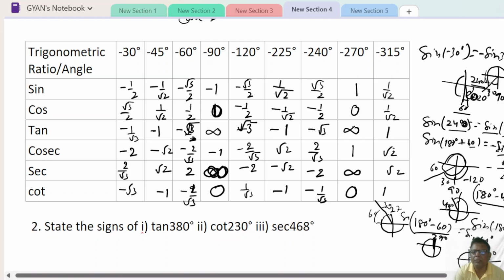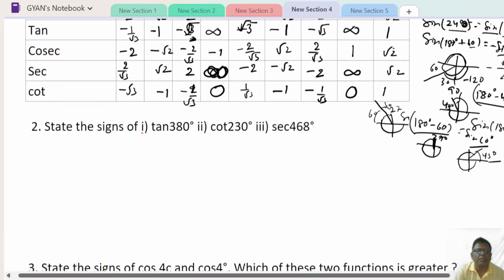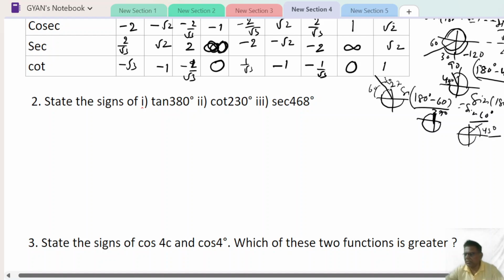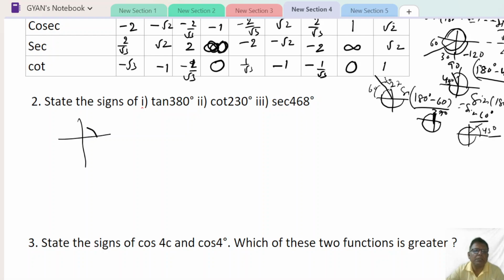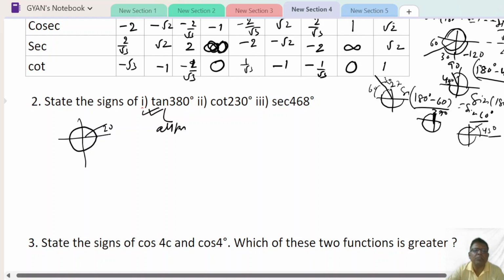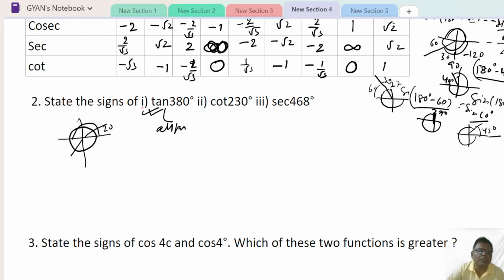Now come to the second question. Second question, this is asking only the sign. So let us see. 360 plus 20 degree, so all positive. So tan will also be positive. Now come to the 230. 230 is 180 plus 50.